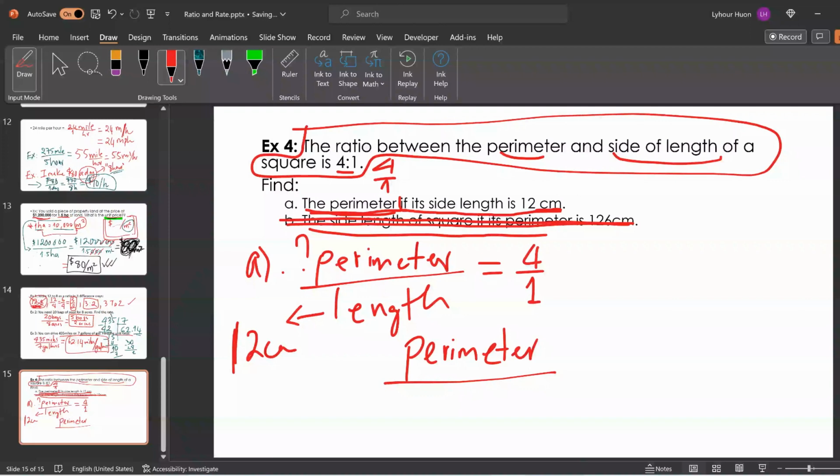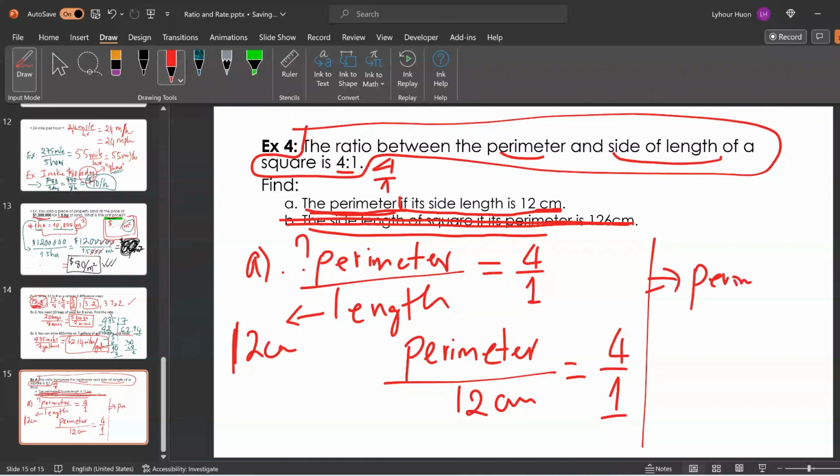Because if you divide it by 12, it's 4 over 1. Now replace the length by 12 step by step first. Perimeter over 12 centimeters is equal to 4 over 1. Can we solve for the perimeter? 12 times 4 is 48, right? So to find the perimeter, we get 12 times 4 divided by 1, which is 48 centimeters.